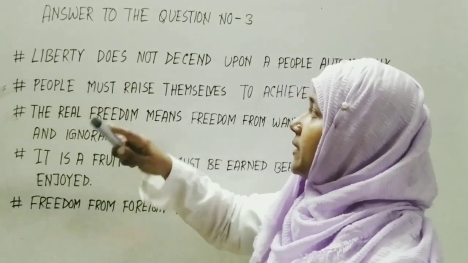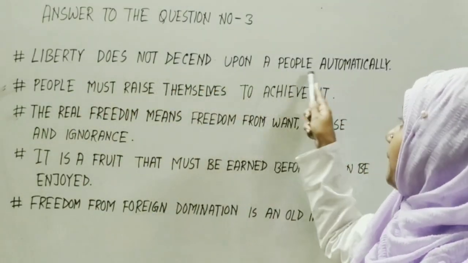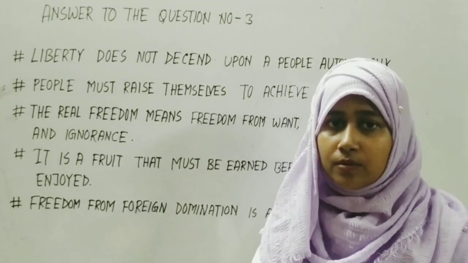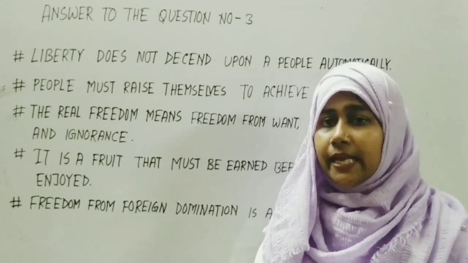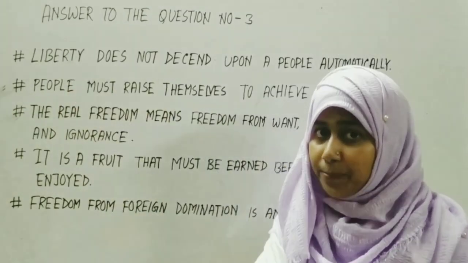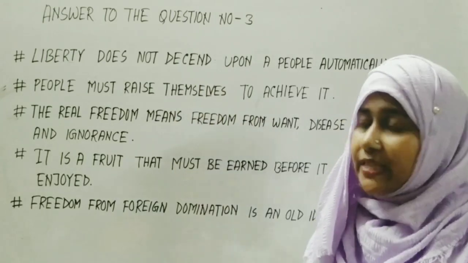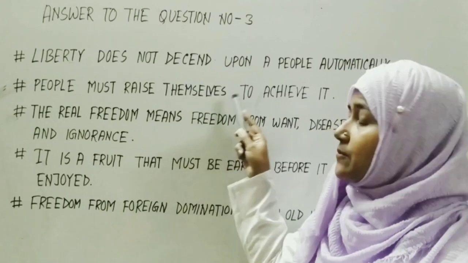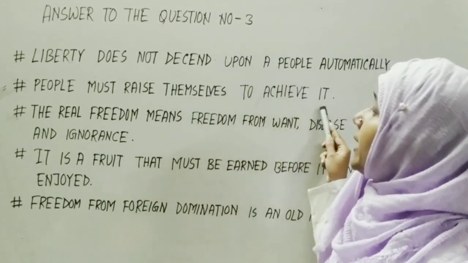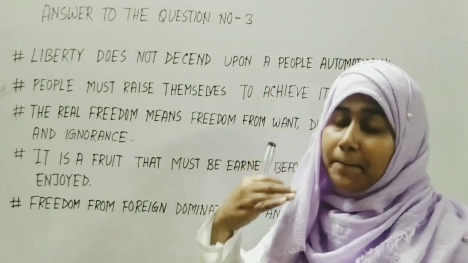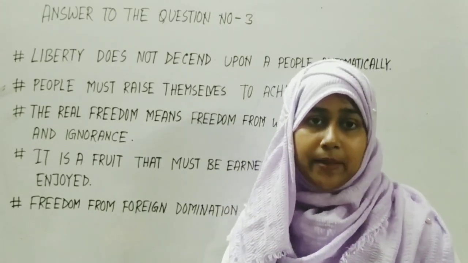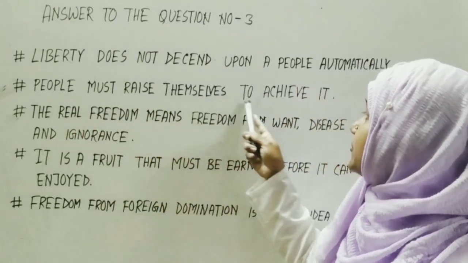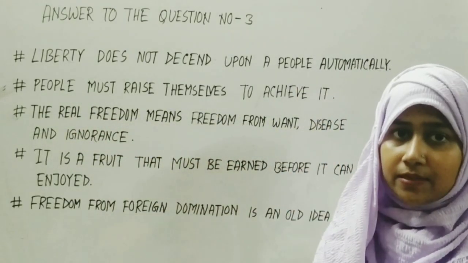Then second sentence, what should we do for getting liberty? We have to raise ourselves. That means people must raise themselves to achieve it. So this is how you have to maintain the sequence of your topic.